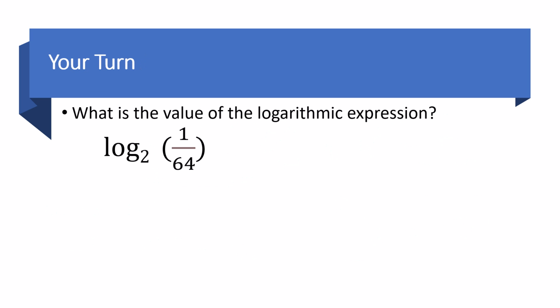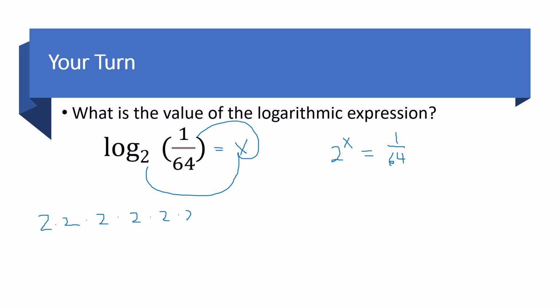Let's try another one. Same question, question number 3. So we're saying basically 2 to what power is 1 over 64? 2 to the x is equal to 1 over 64. Let's see, 2 times 2 is 4, times 2 is 8, times 2 is 16, times 2 is 32, times 2 is 64.